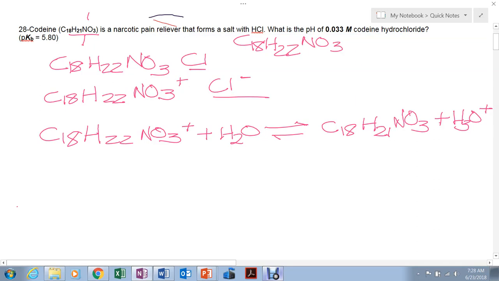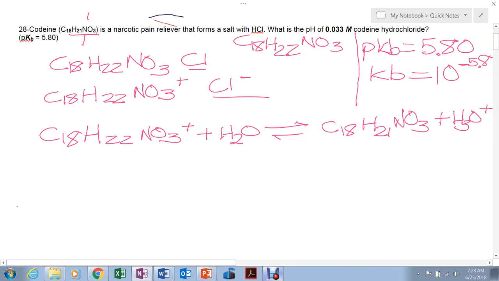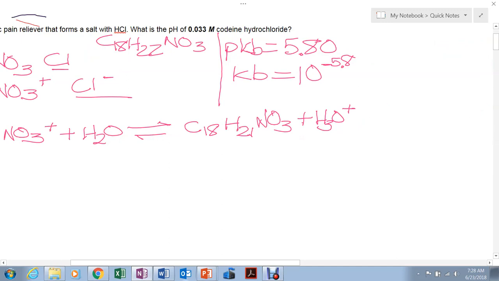So here, let me do the Kb. pKb is equal to 5.80. Kb would be equal to 10 to the minus 5.80. Remember, we have been doing this. So Kb would be equal to 1.6 times 10 to the negative 6.